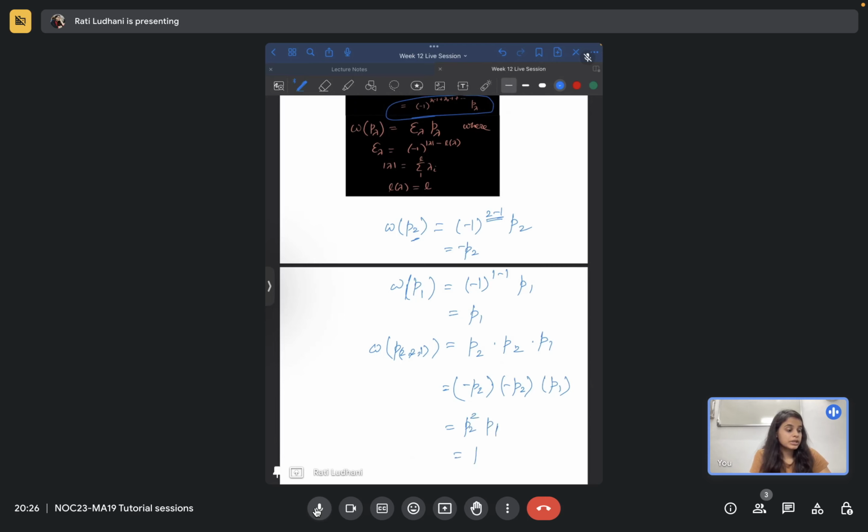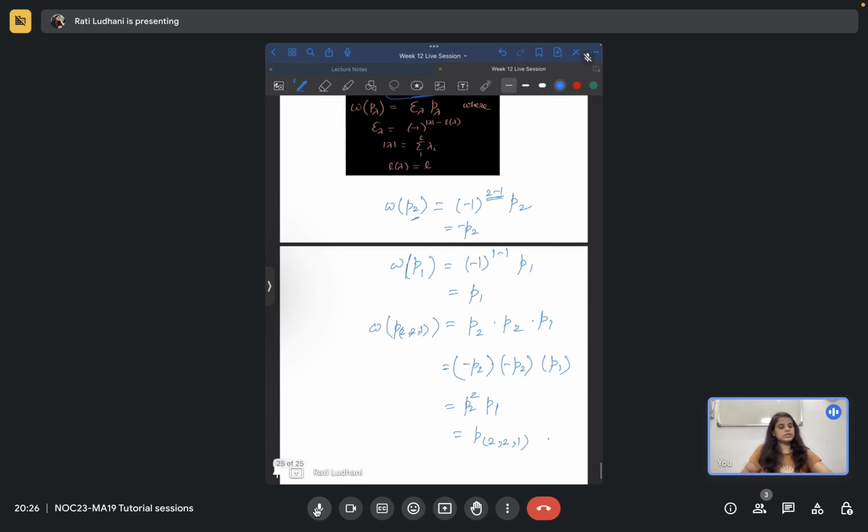And that you can again write as p221, right? So it is same. You just need to see what exactly are your numbers, and you can directly figure out, because 2 will give minus, the first one will give minus, the second one will give minus, and the third one will be just positive. So product of 2 minus is just plus.